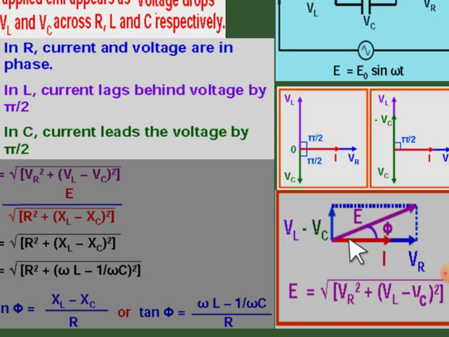Phi is the angle between your instantaneous EMF and the voltage across R.